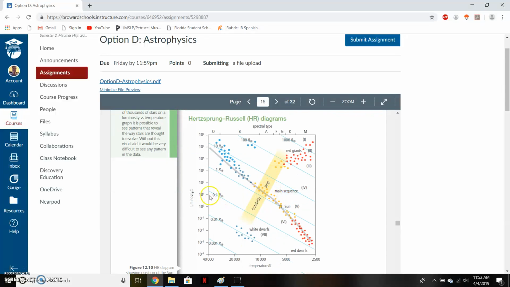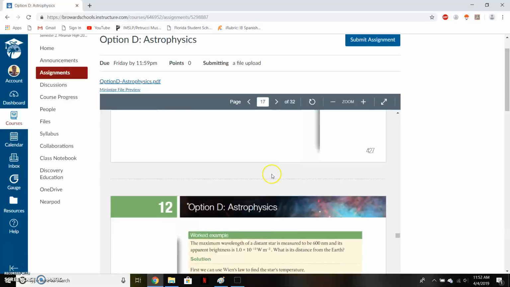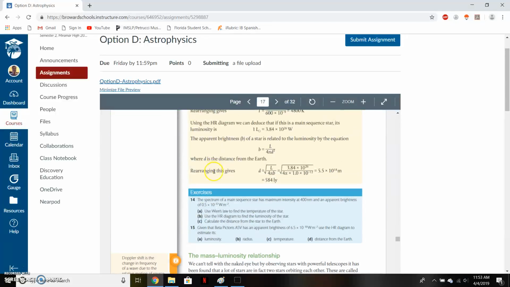It's going to be right above this value. So it'll be 10 times the luminosity of the sun. So part A is 10 times the luminosity of the sun.